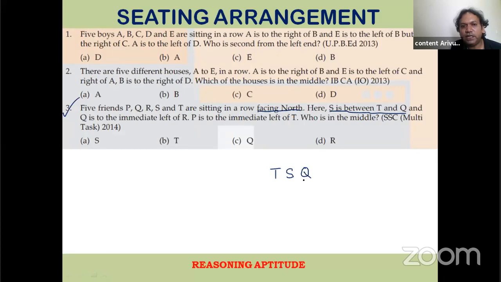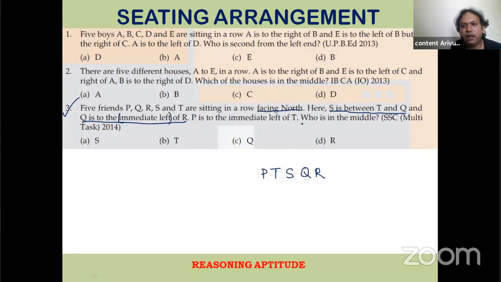S is between T and Q, and Q is to the immediate left of R. Immediate left means right next to. And P is to the immediate left of T. So T is here, P is to the immediate left of T.